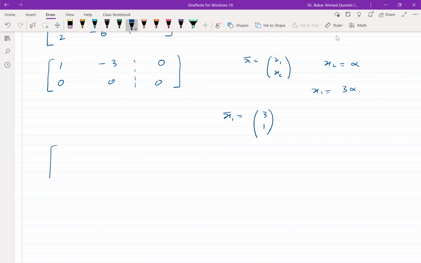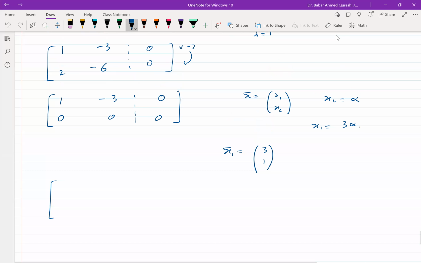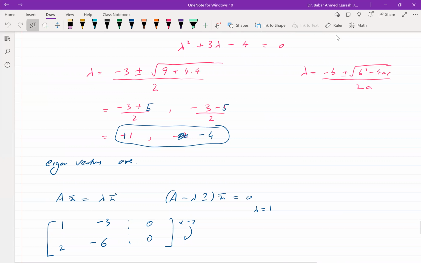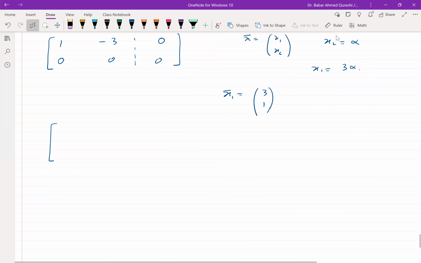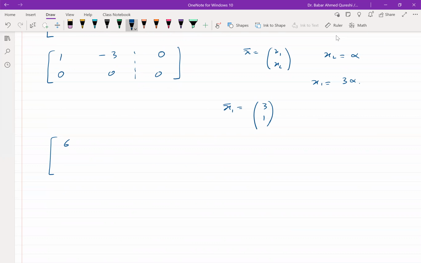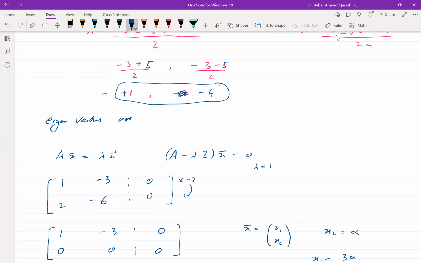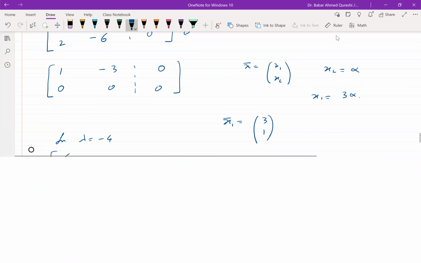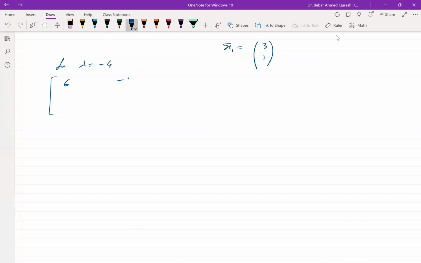And the other eigenvector is for lambda equal to minus 4. So 2 minus minus 4, so 2 plus 4, 6. And 3 and minus 3 and 2 are just over there.